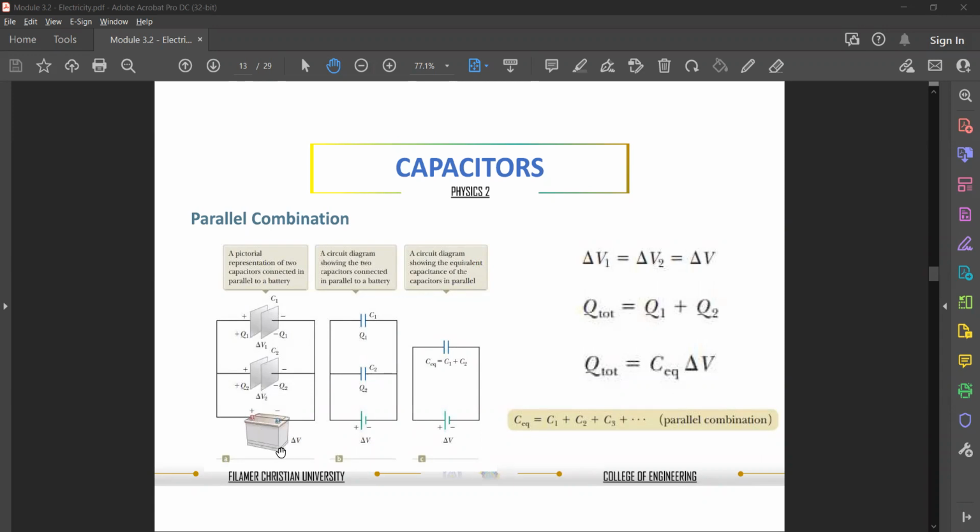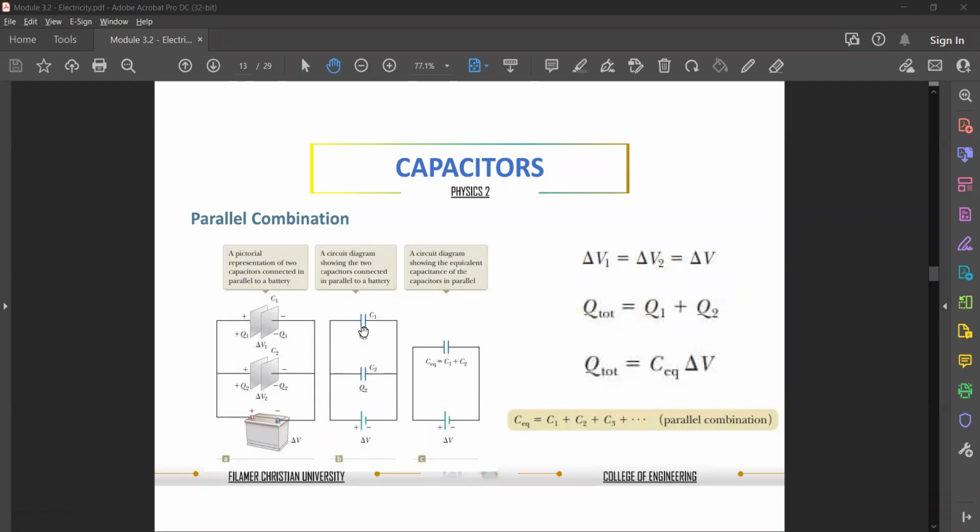This is your supply. Then this is the circuit diagram showing two capacitors connected in parallel to a battery. So this is your figure or representation, and this is its equivalent circuit diagram.